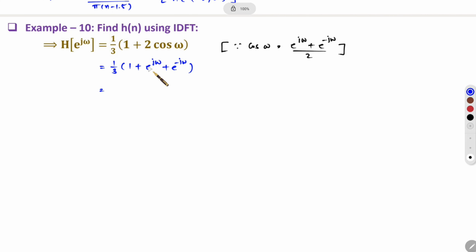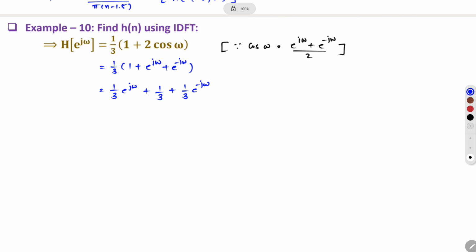First of all, I'll write 1/3 of e to the power j omega, then 1/3, and then 1/3 of e to the power minus j omega. Why am I writing it like this? The reason is that one should know the inverse DTFT, which we calculate from the DTFT of h of n.